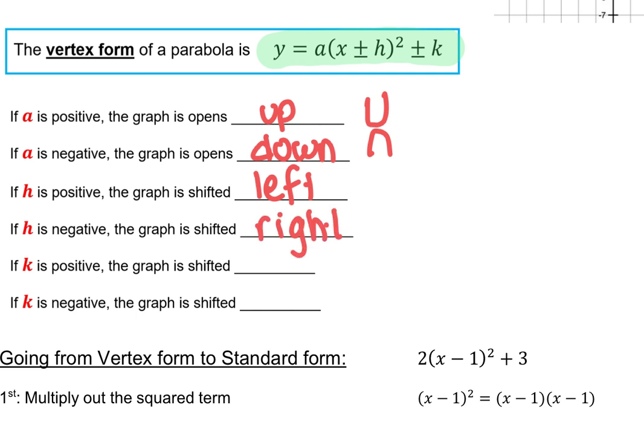Good. Now we're talking about K right here. If K is positive, the graph shifts where? Up. If K is negative, the graph shifts where? Down. Very good.